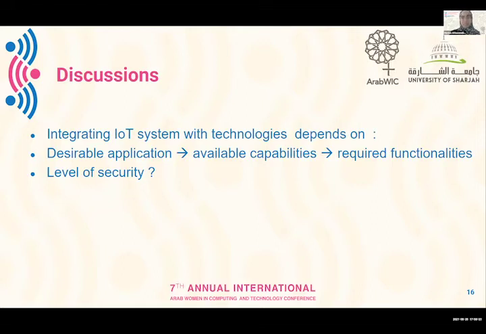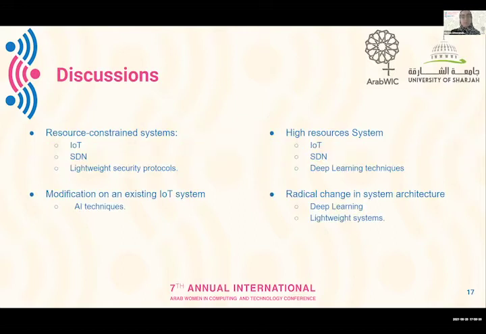If we answer these questions, we can design our IoT system and integrate it with some of the emerging technologies. If we have a resource-constrained system, we can integrate IoT with lightweight security protocols. But if our system has high resources, we can integrate it with deep learning techniques.